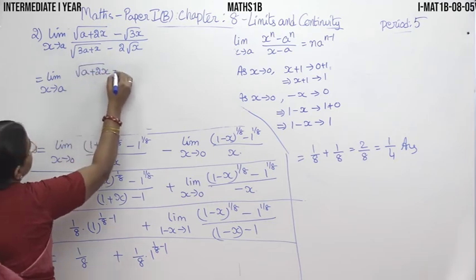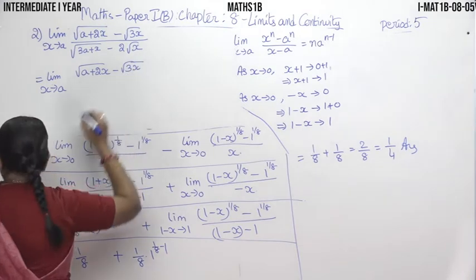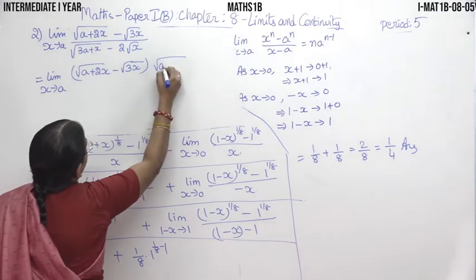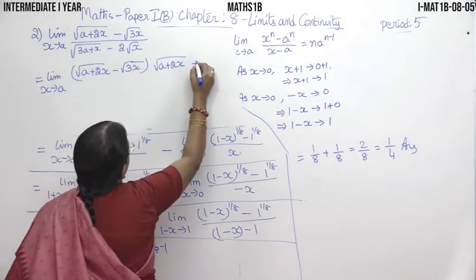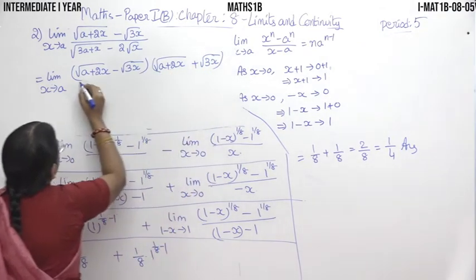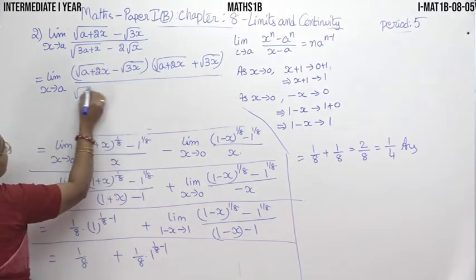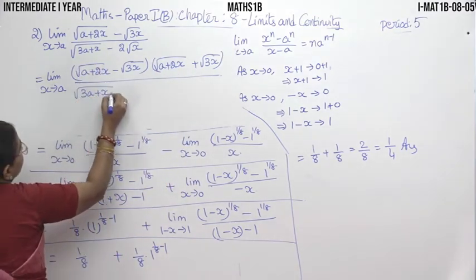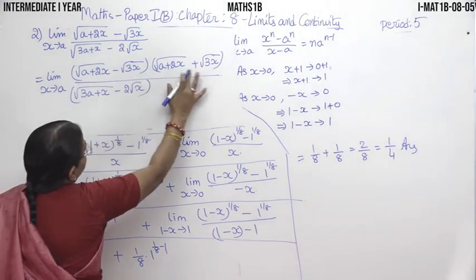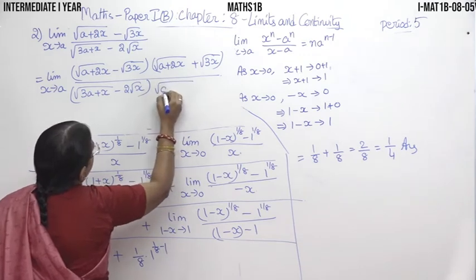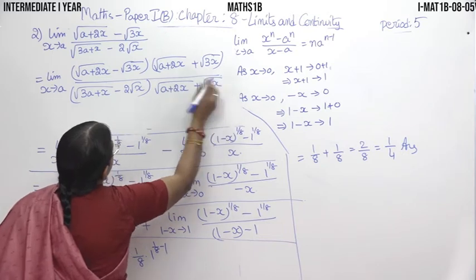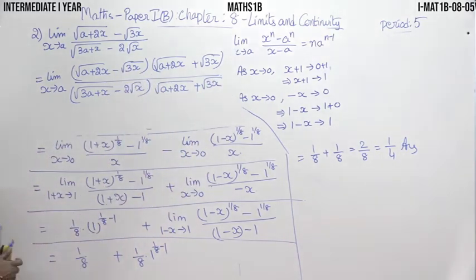Root a plus 2x minus root 3x. So multiply and divide this by root of (a plus 2x) plus root 3x. Now the denominator is root of (3a plus x) minus 2 root x. First I am rationalizing this, multiplying by root of (a plus 2x) plus root of 3x. So we are first rationalizing the numerator.